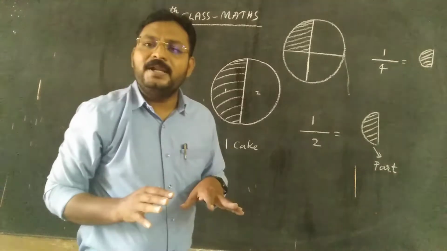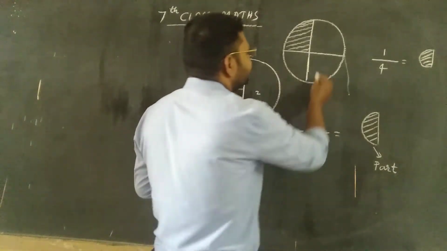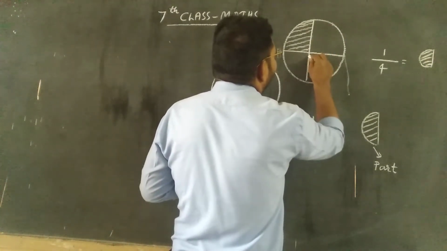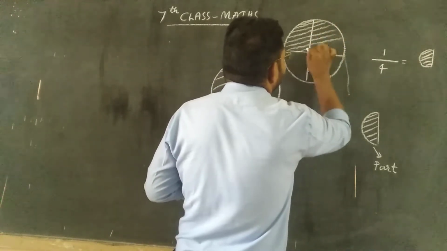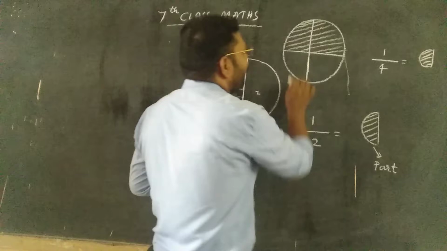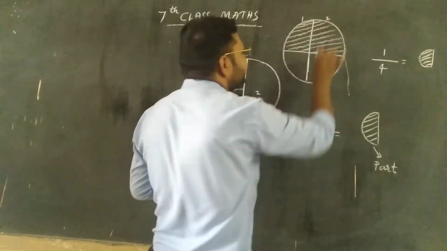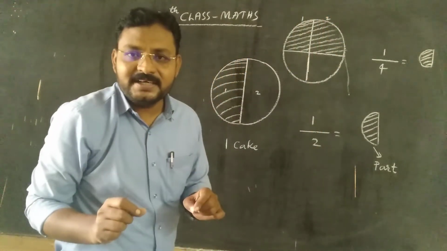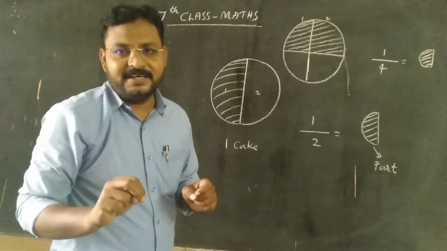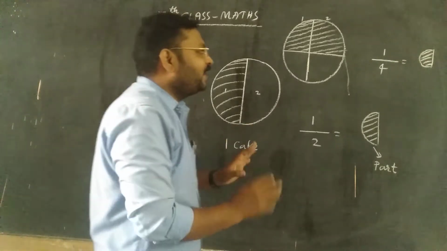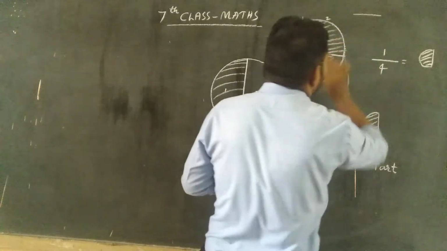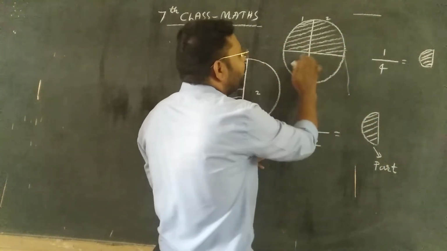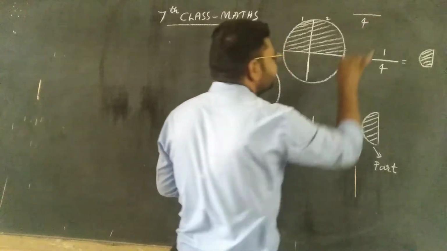For example, if we shade 2 parts, one more part I am going to shade here. How many parts did we shade? 2 parts we shaded here. So the fraction represents 2 over 4. First you write the cross line. Below the cross line you write the total parts.